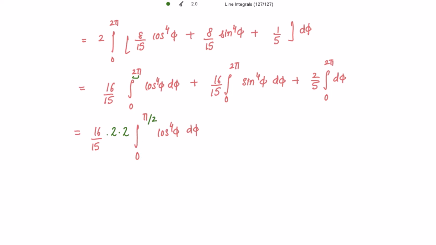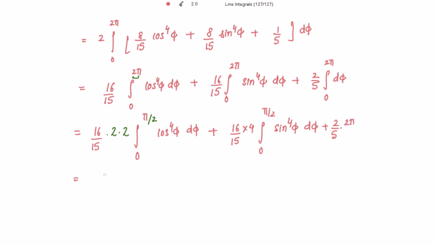So that is why I have to multiply with 4. So again here also, to get the limit from 0 to pi by 2, let's multiply this integral with 4, sine the power 4 phi d phi. Plus, this is 2 divided by 5 into 2 pi.